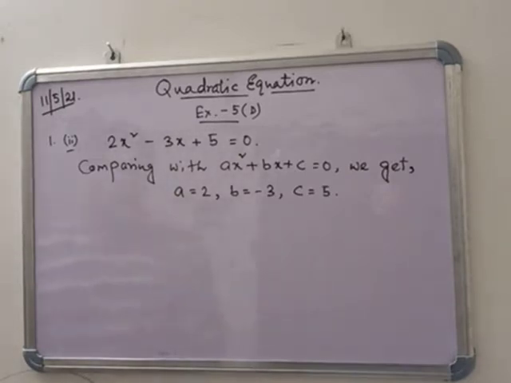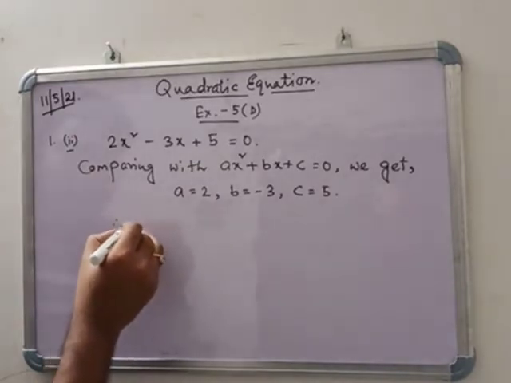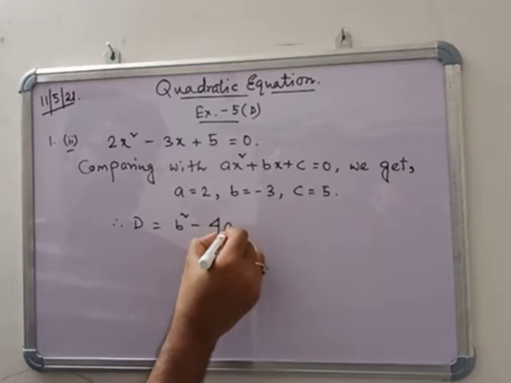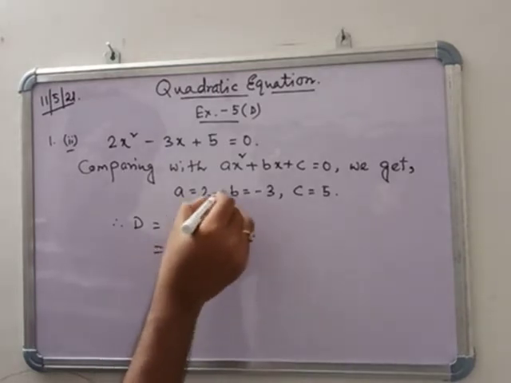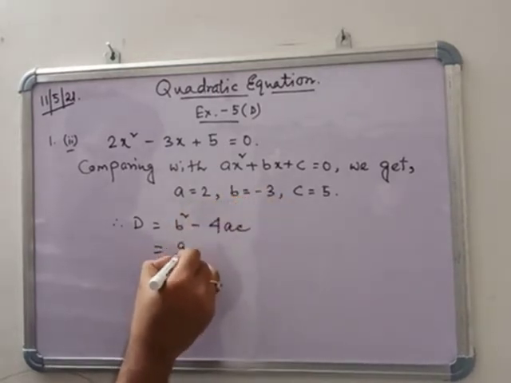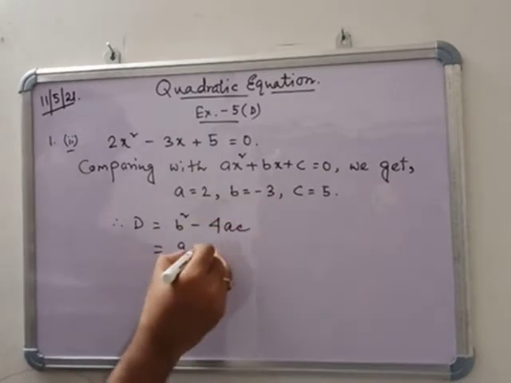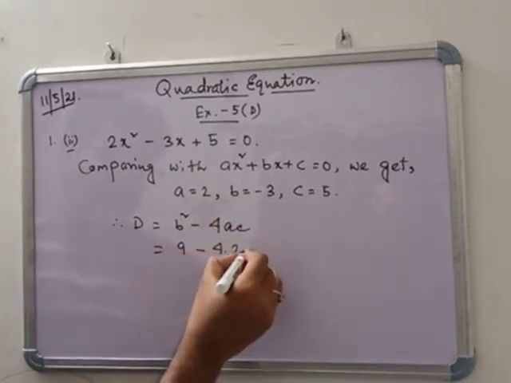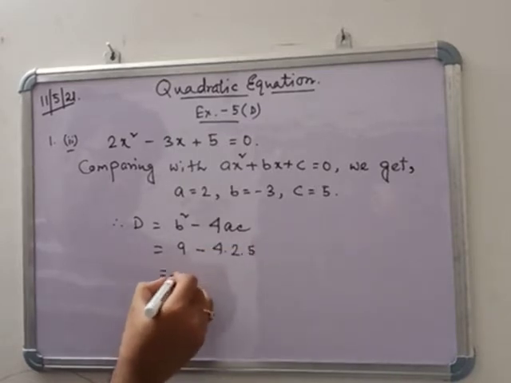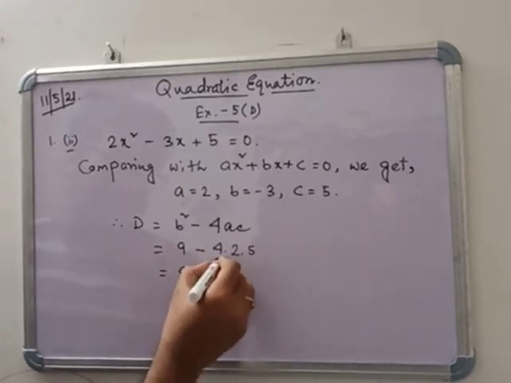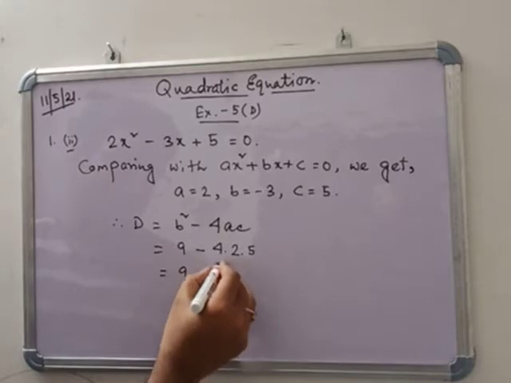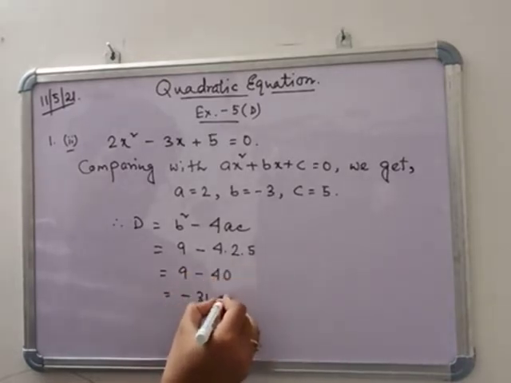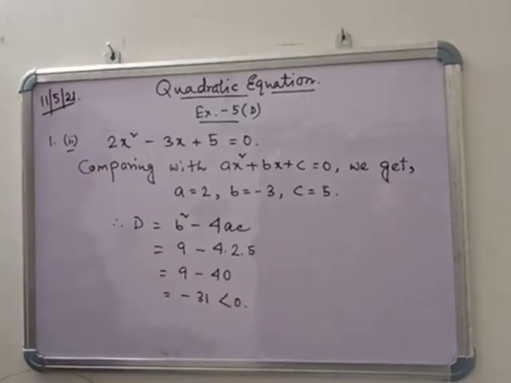So now we can write D equals b square minus 4ac. b equals minus 3, that means minus 3 squared, that is 9, and 4ac is 4 into 2 into 5. So that means 9 minus 40, that is minus 31, which is less than 0.